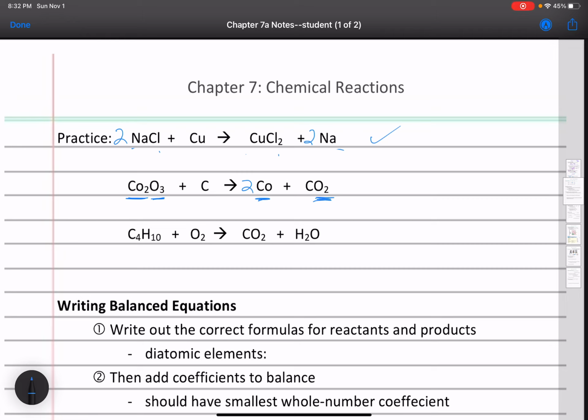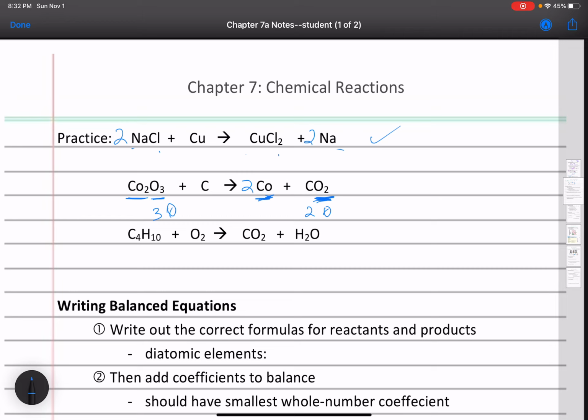Be careful here because cobalt is a capital C little o, and carbon dioxide is a big C big O. Remember, capitalization is important in chemistry, so this is not oxygen, this is part of cobalt. This is the oxygen. So we have 2 oxygens and 3 oxygens.